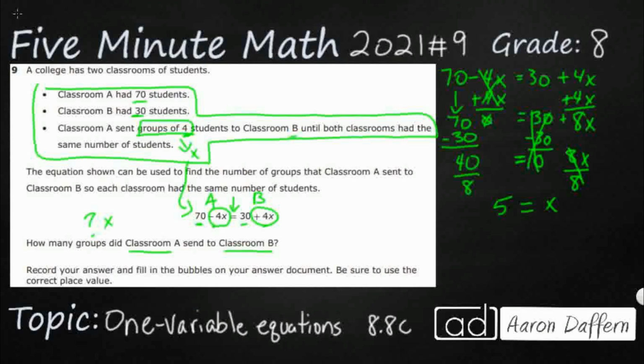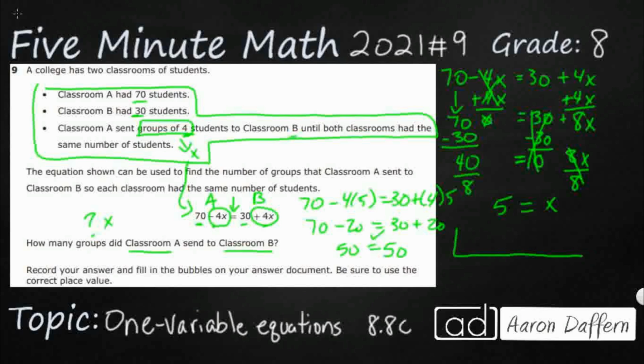So I think it's 5, but you know what, let's just go ahead and plug that in. 70 minus 4 times 5, 30 plus 4 times 5. All right, so that's 70 minus 20 equals 30 plus 20. That's 50 equals 50. All right, we have verified 5 is good.